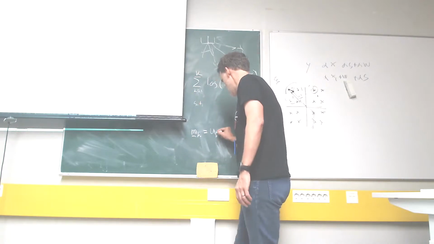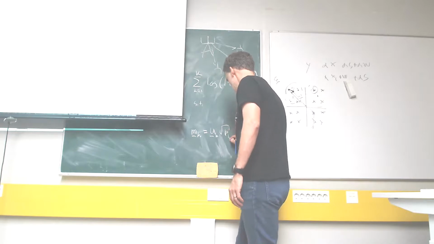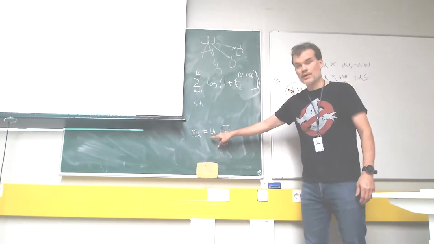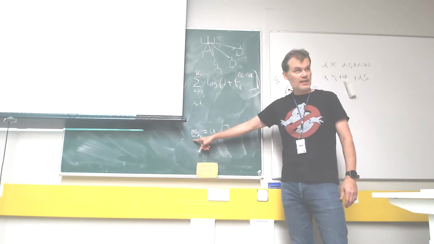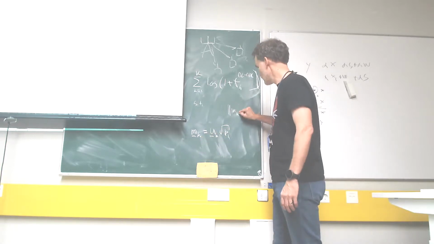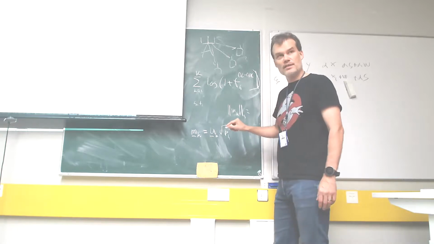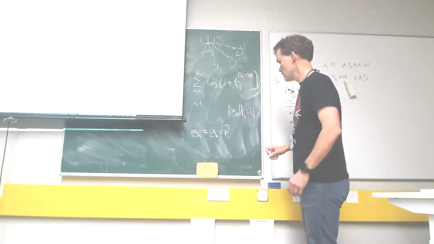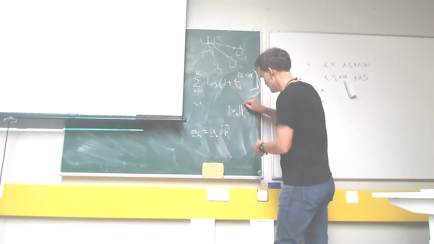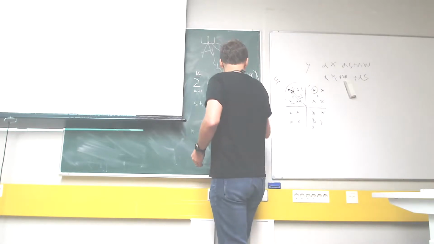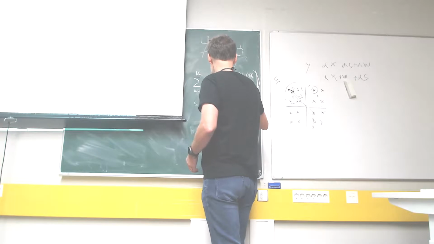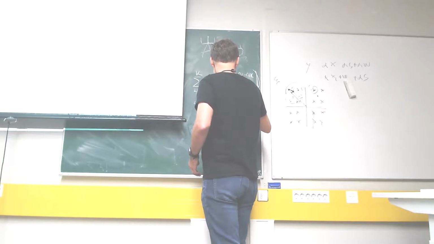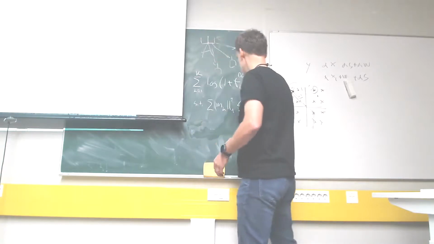So u_k times p_k, recall u_k is the normalized beamformer, p_k is the power, so u_k times p_k equals m_k, meaning that the norm of m_k squared is p_k.